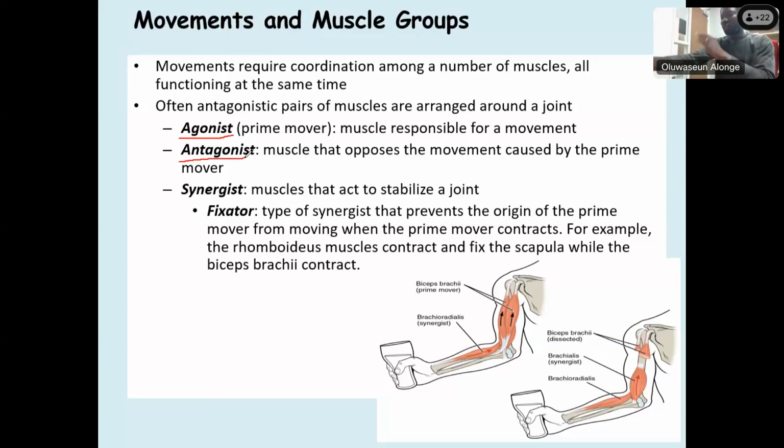So when we are talking of flexing the elbow, this bicep is going to be the prime mover, which is the agonist. Then the muscle here, which is the triceps brachii, is the muscle that we call the antagonist because it's resisting this force that this one is bringing.